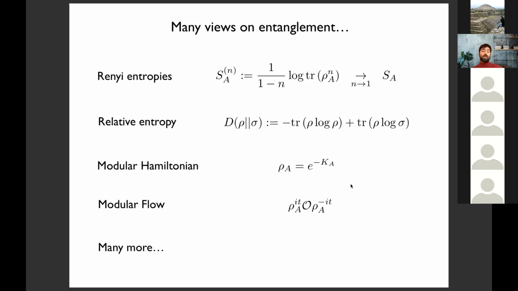Or they might be interested in computing the modular flow, which means taking whatever operator you're interested in and time evolving that operator, not with the physical Hamiltonian that defines the theory, but with the modular Hamiltonian. So you're conjugating with the density matrix, and that defines a flow that has a lot of nice properties, which you can study. There are many other measures you can talk about: entanglement purification, squashed entanglement, etc. But these are some of the most common ones in this area.